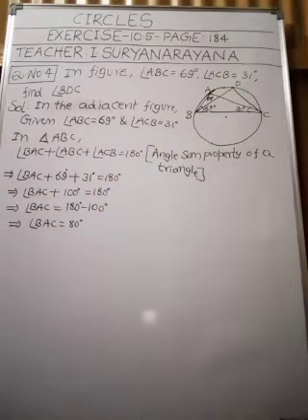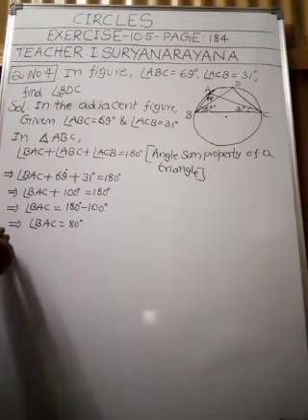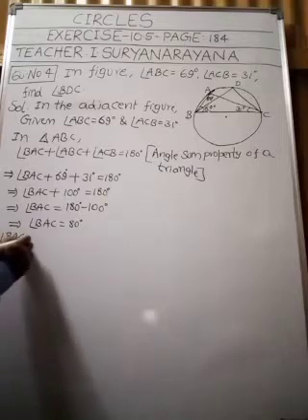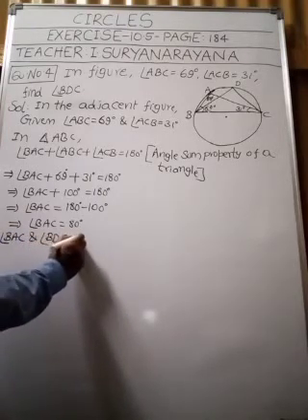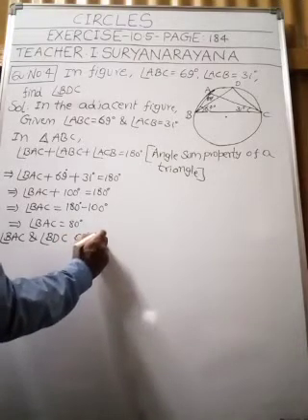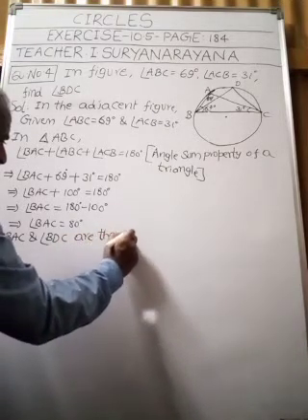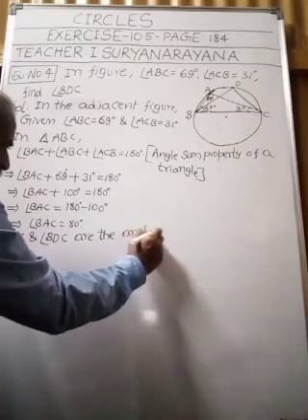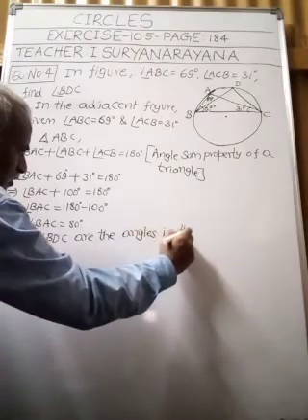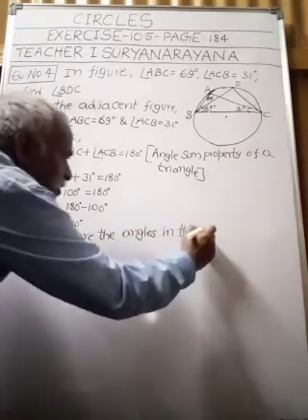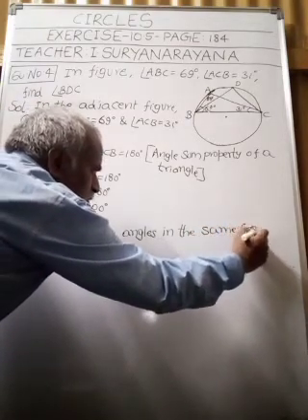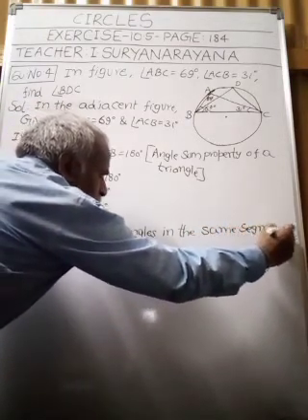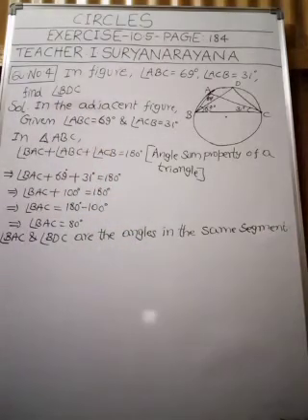Angle BAC and angle BDC are the angles in the same segment. These two angles are in the same segment.